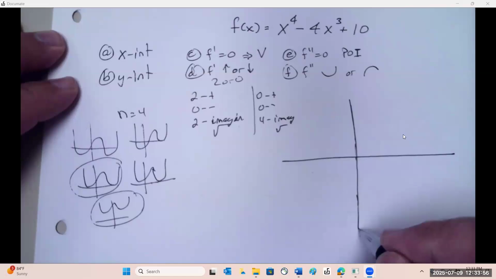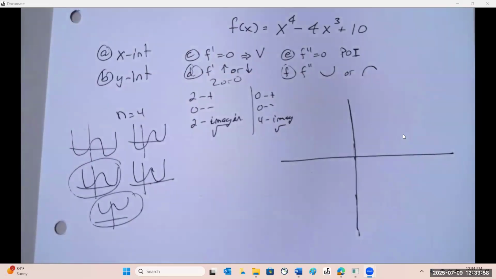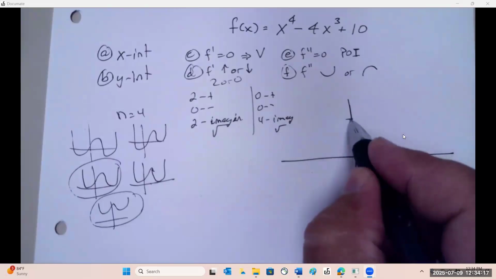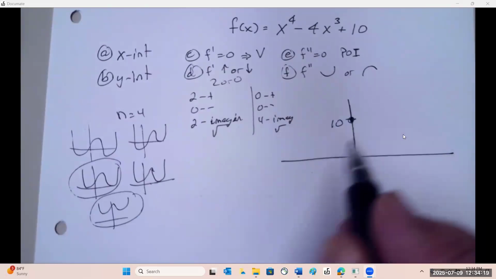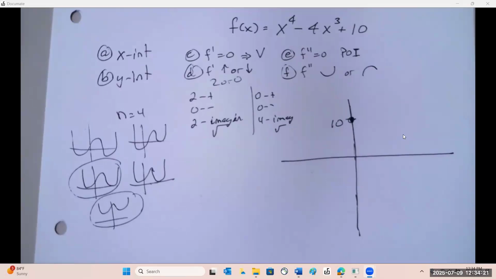So what do we know about the graph so far? Only thing we know by looking at the graph is what? Do you know any points on there? We know the y-intercept, the constant.